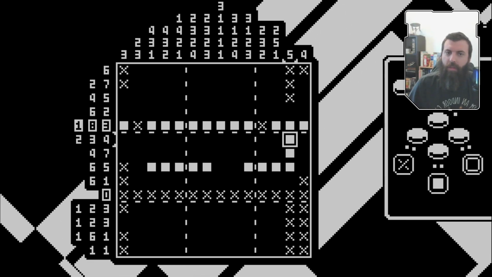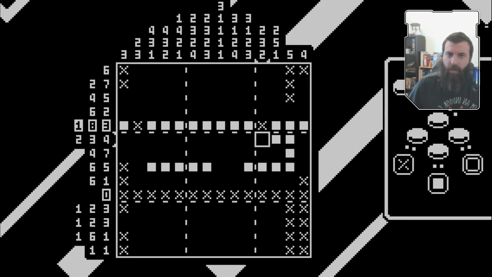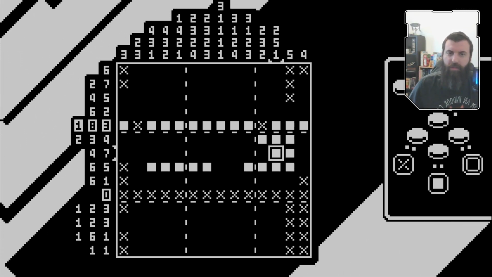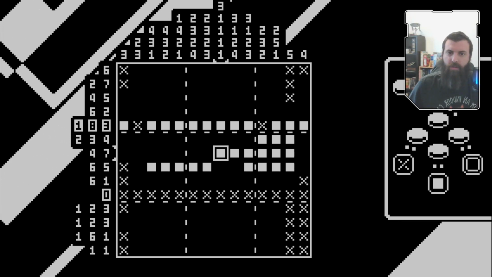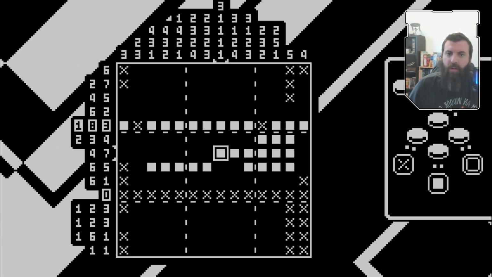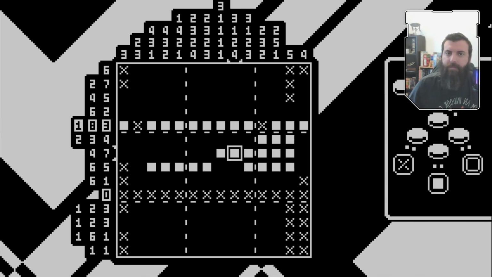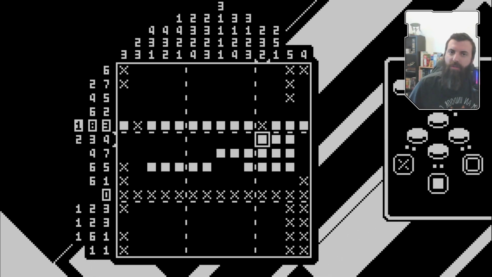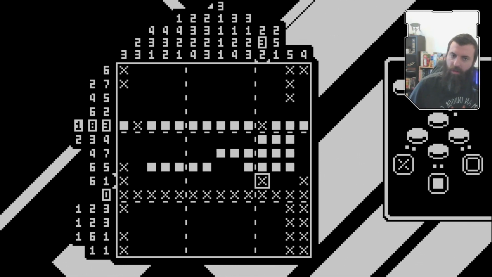With this pixel filled in, we can now say that the 4 is going to have to at least reach to here, and the 7 is going to have to reach to at least here. That lets us look at our vertical 2, 3, 2. Well, this is clearly the 3.